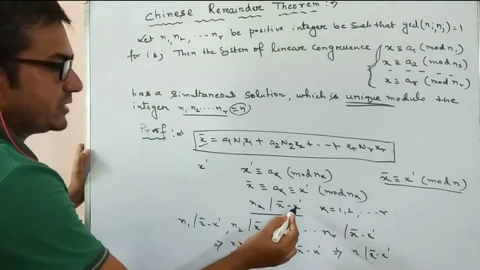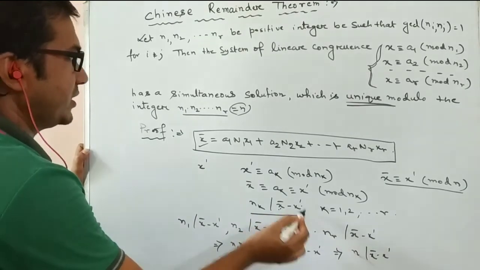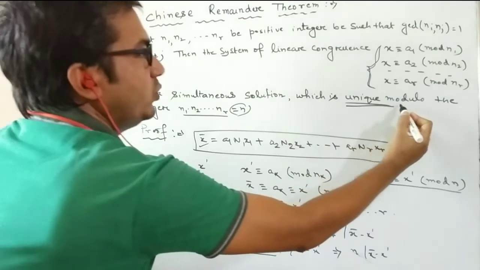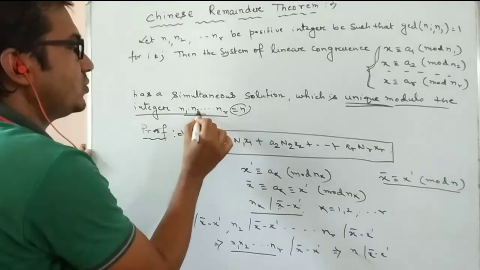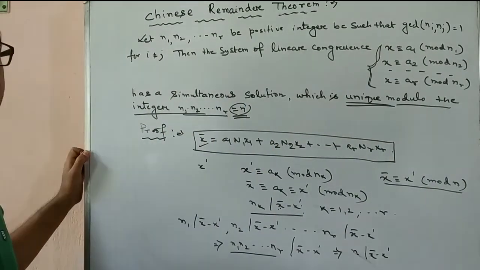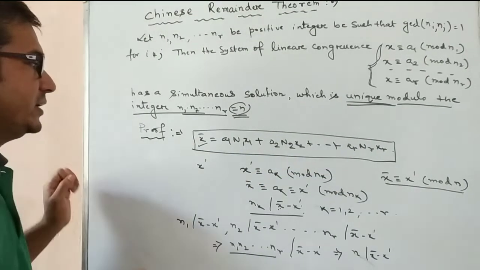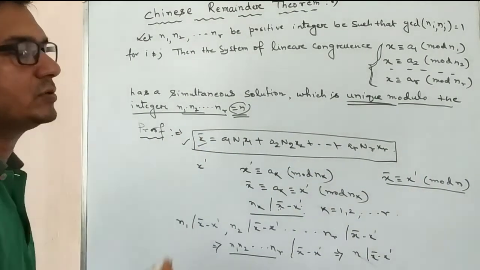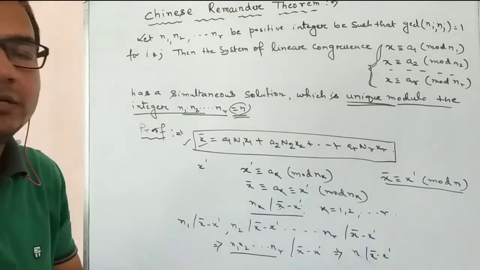So we say that x bar and x dash are unique modulo the integer n_1 n_2 to n_r, that is modulo n. So this proves the uniqueness of the result, and this is the solution of the system of linear congruences by the Chinese Remainder Theorem.